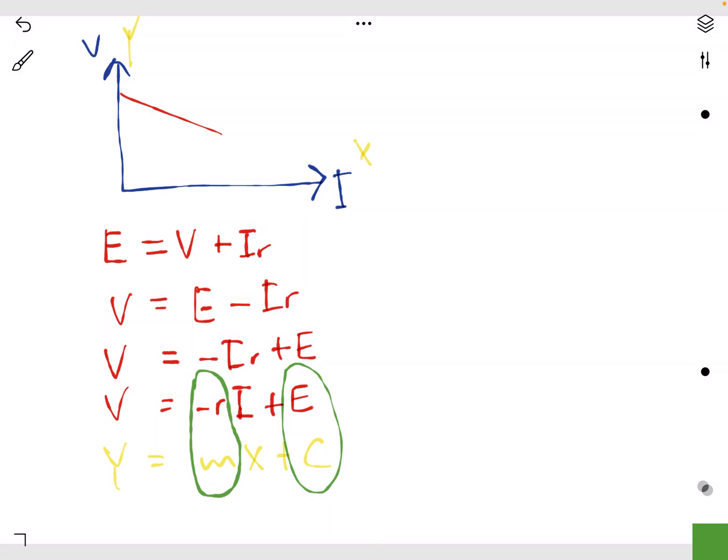The gradient is the negative internal resistance. So you can write E is the V intercept, and internal resistance r is the negative of gradient. It's the negative of gradient. So you can look at examples how to solve the problem using this formula.